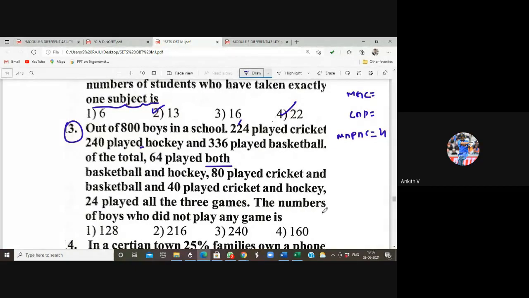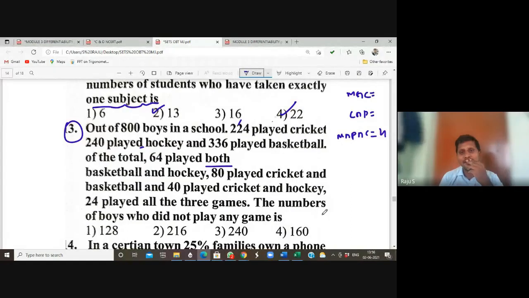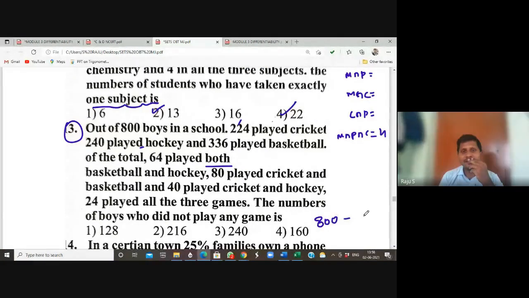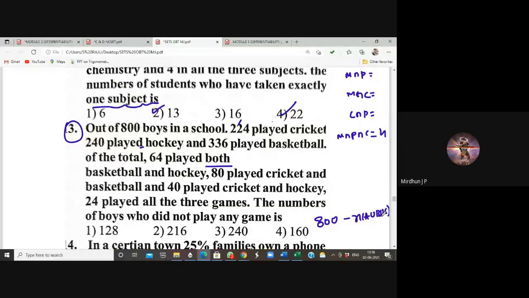Sir, U minus A union B union C. Yes or no? Yes, sir. Universal set minus A union B union C. How many boys does the universal set contain in the school? 800 minus n of A union B union C. Sir, n of A union B union C is 640.